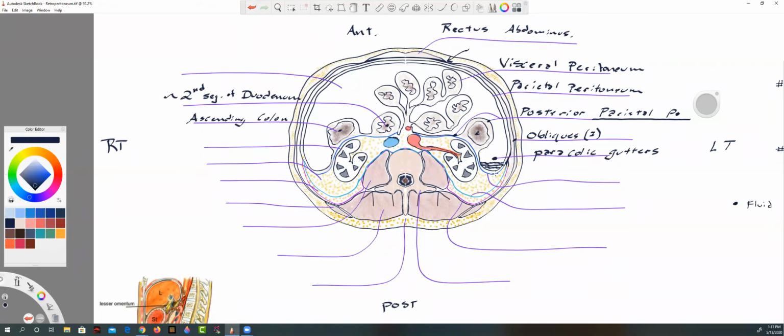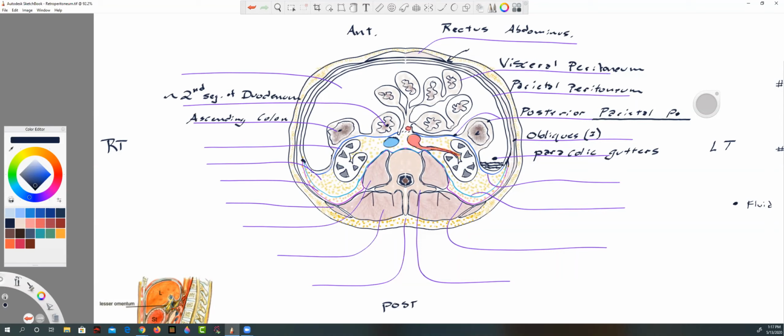Okay. This blue line that travels kind of below the paracolic gutter and then over the kidney. At some point, it's going to connect all the way across and continue all the way over to here and connect in the corners.